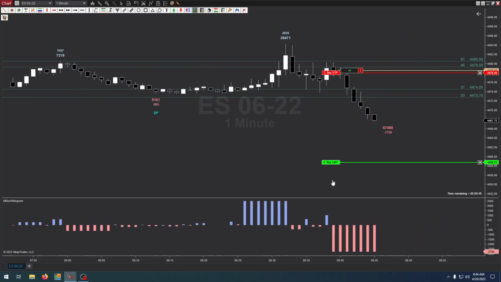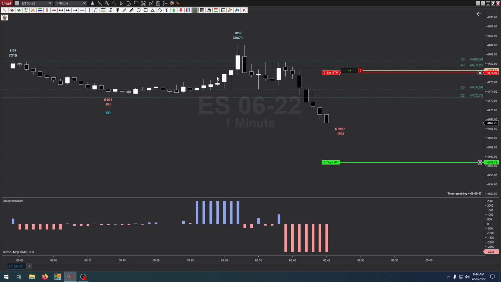But if you look right here, after this move up, after all this demand, even after that large candle, which I'm wondering if on M pace looks like a climactic candle possibly, then the buyers gave it up right here. Supply came in right here. Then the buyers tried to take it back. They couldn't.